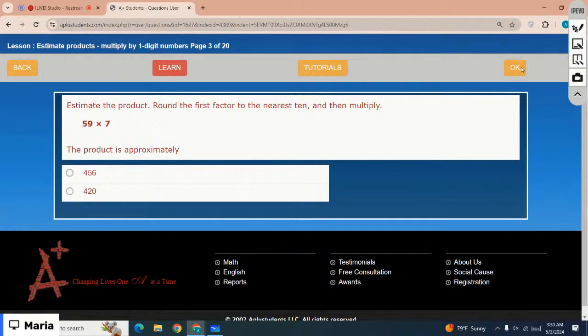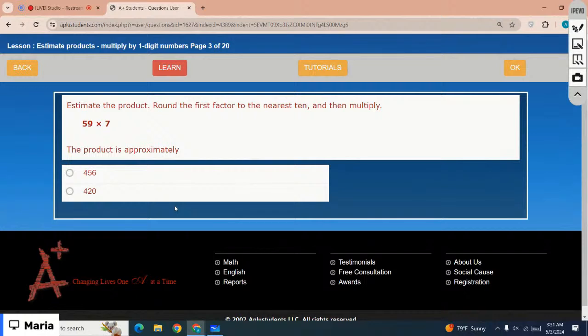Estimate the product, round the first factor to the nearest 10 and then multiply. 59 is rounded off to 60 and 7 times 6 is 42.